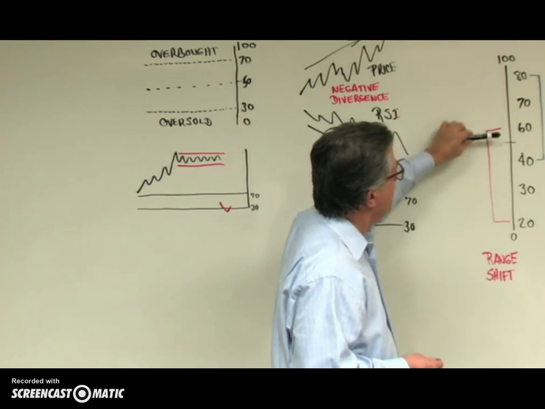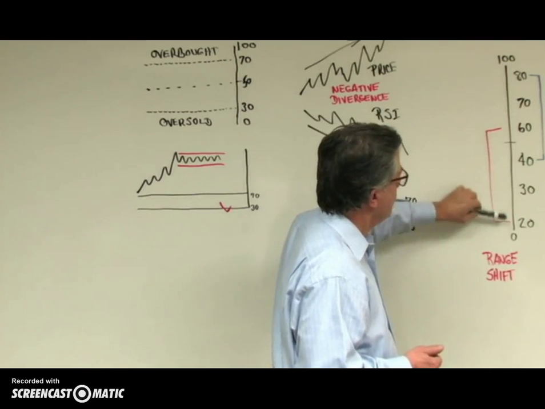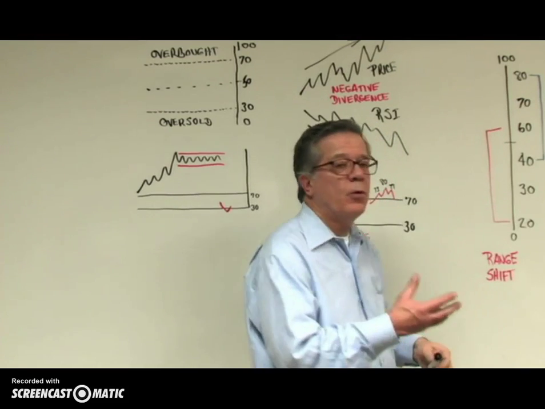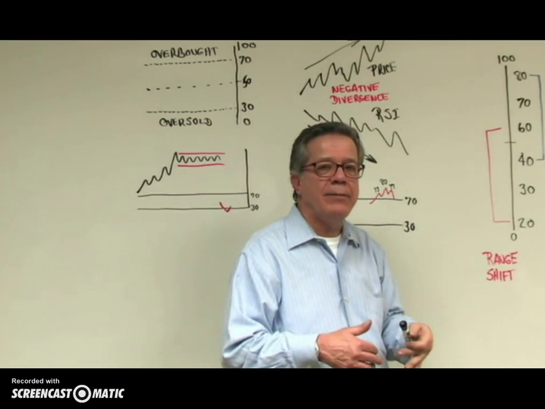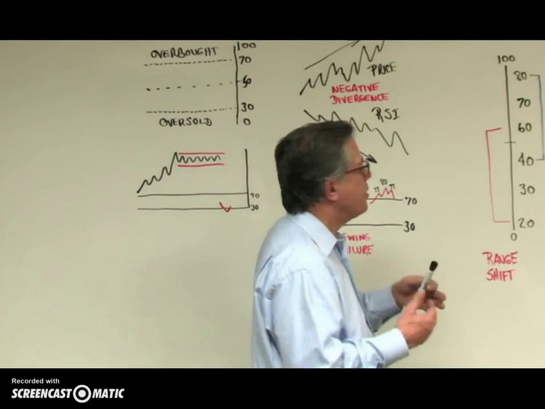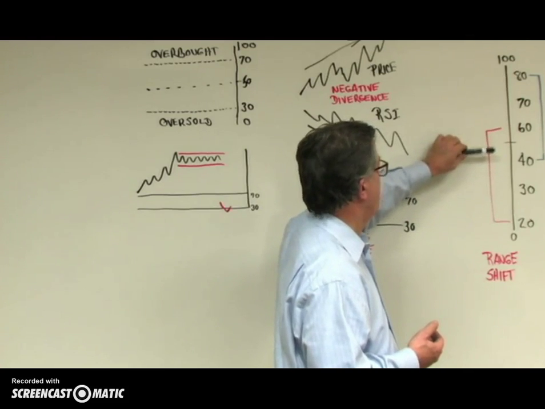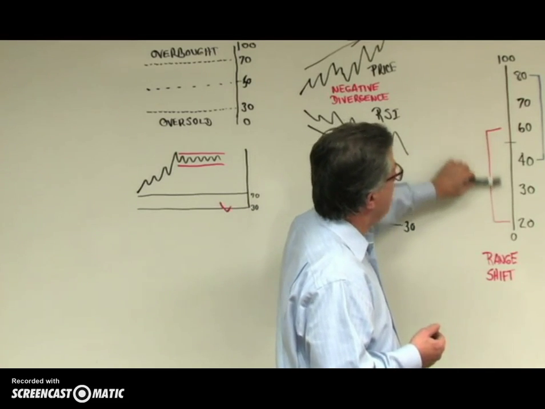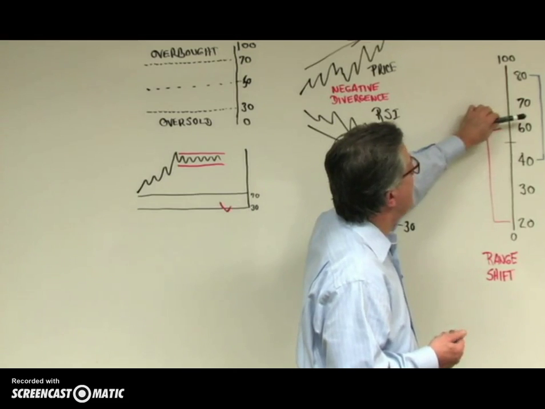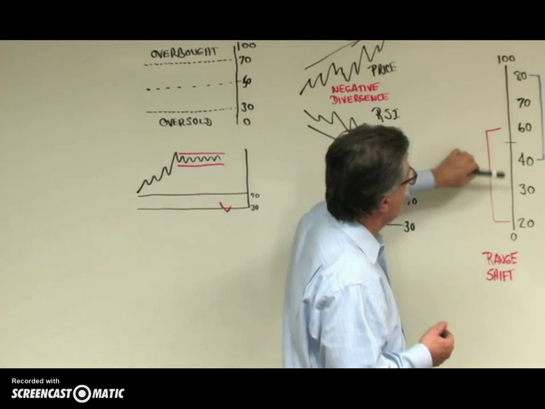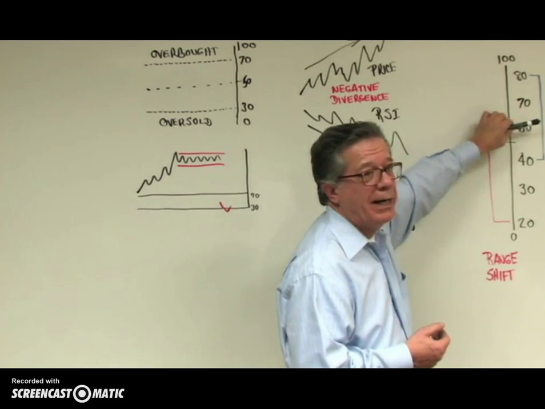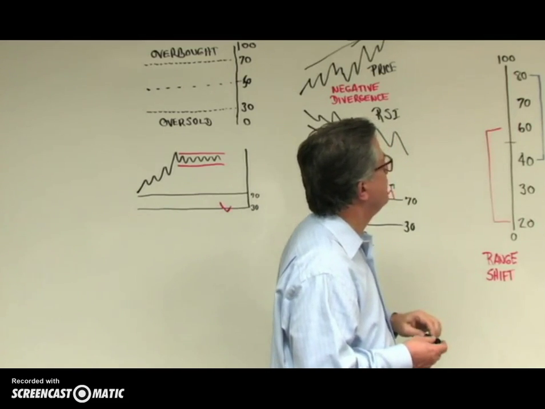Or when the RSI is in the 60 to 20 range down here, there's more of a bearish bias, a downside bias to the pair. Also, when you see the range shift, if it's been in 60 to 20 and then moves up into the 80 to 40 range, that's going from a bearish bias to a bullish bias, or vice versa.